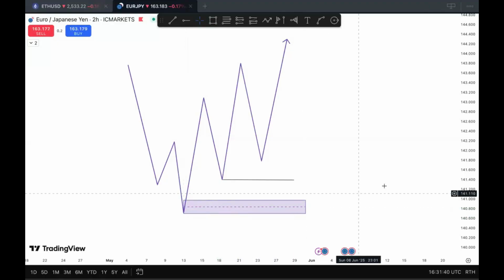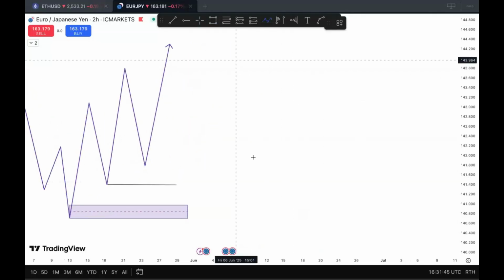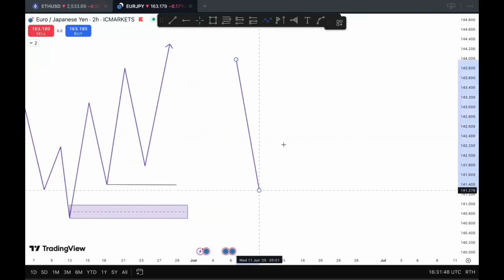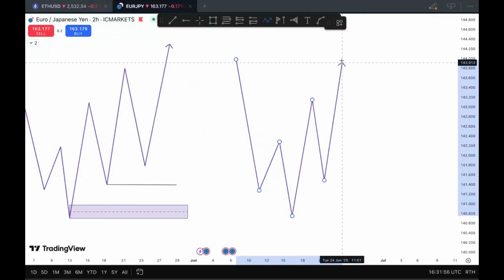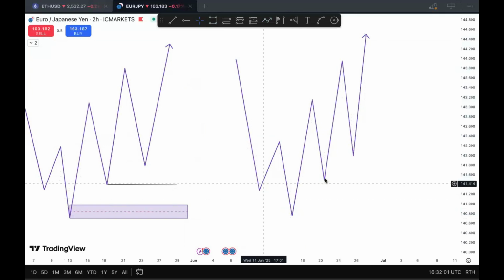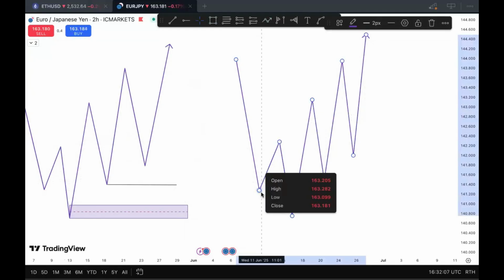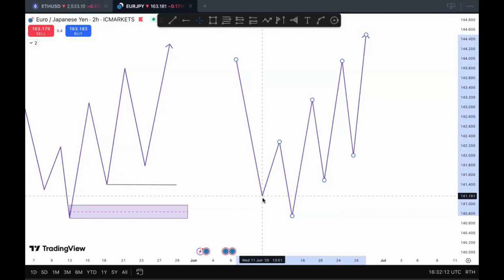Do you understand? So let's do another one. A case where you have the structural liquidity, but the last break of structure is far from the structural liquidity and close to the sweep, like this.